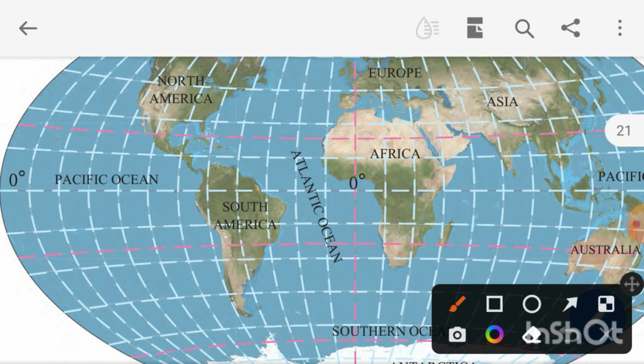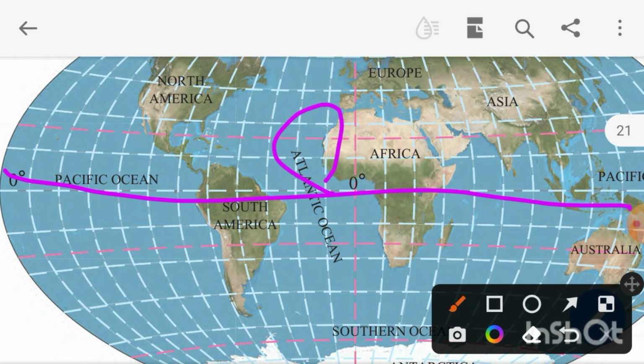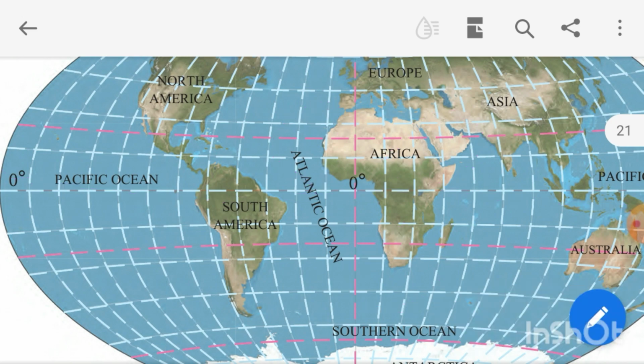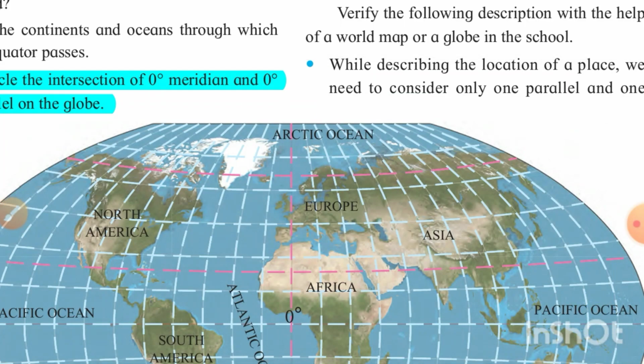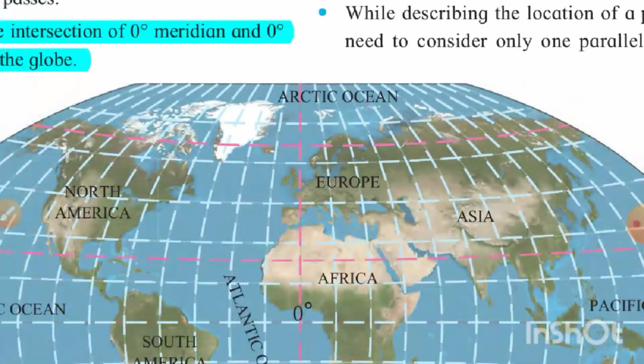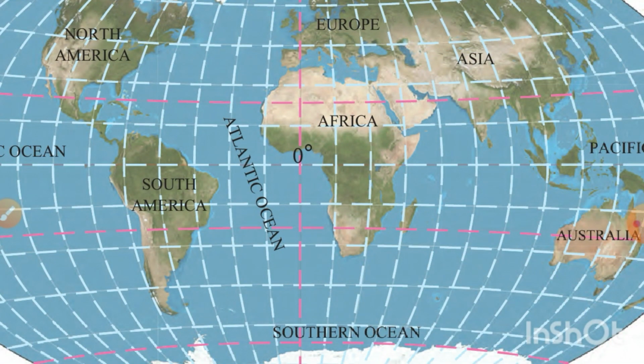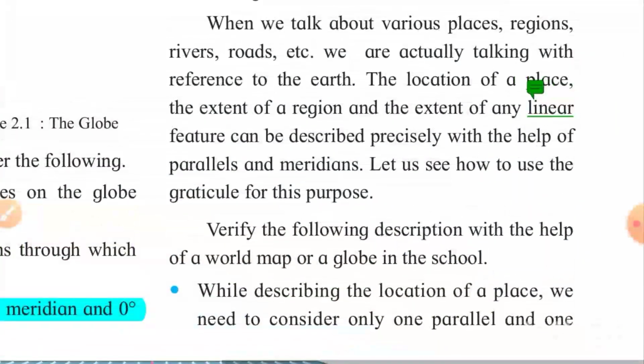Let's take the line through the equator. Okay, if we see here Africa, it comes in the western parts. Some parts are there in the east, south, and some parts are also there towards the north. So you can say Africa falls under all four hemispheres.